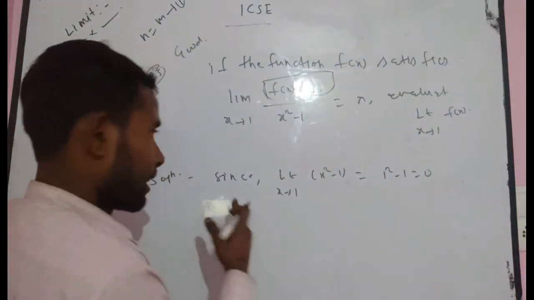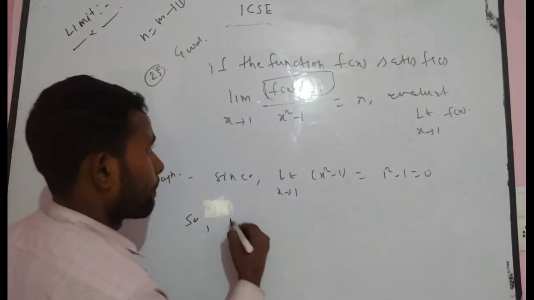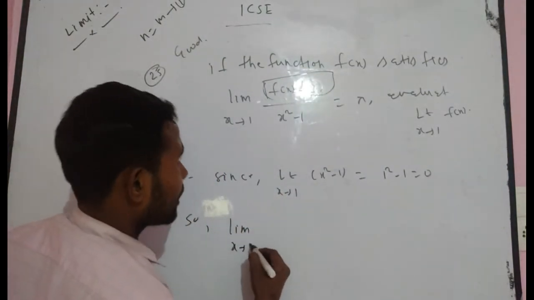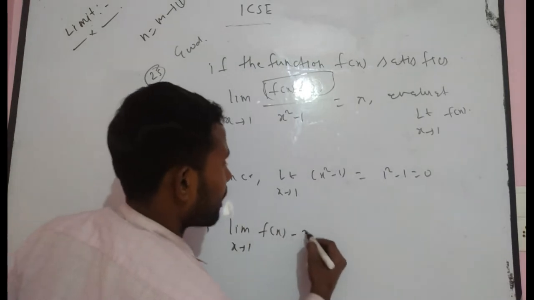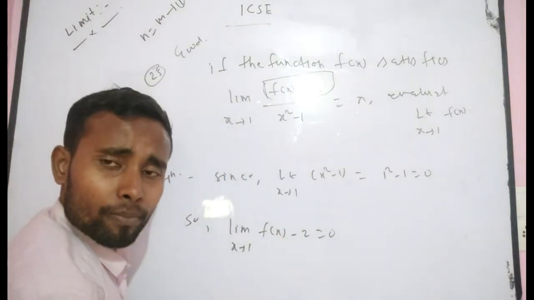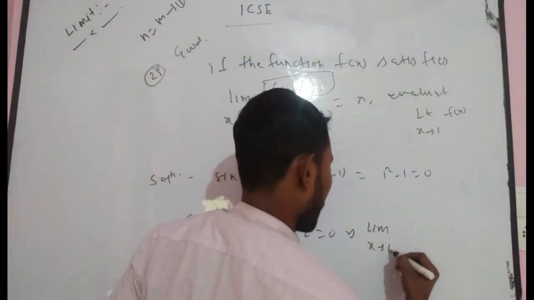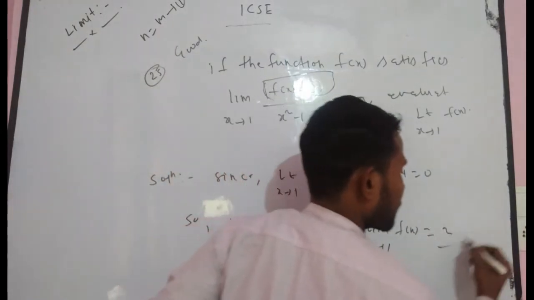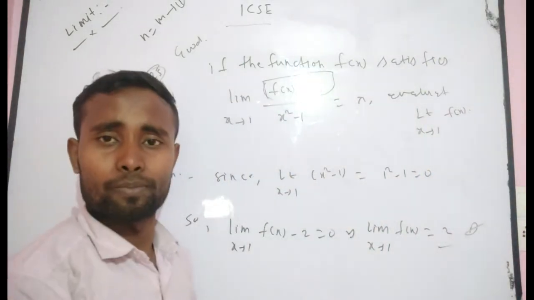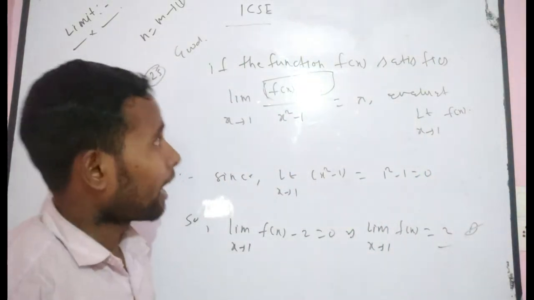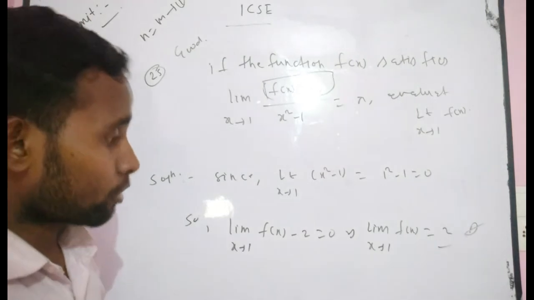So you can say that limit x tends to 1 of f(x) minus 2 is also 0. That means limit x tends to 1 of f(x) is equal to 2. Have you understood? I think this conceptual portion is covered.